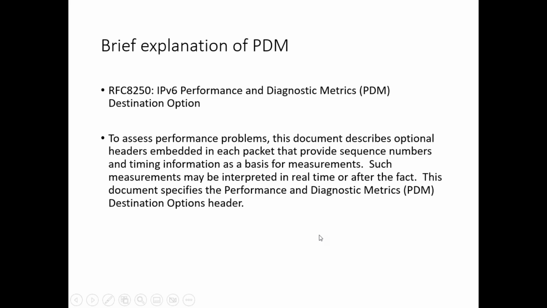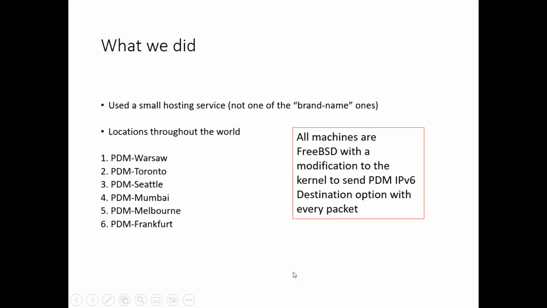And so here's a brief explanation of PDM. You guys can go to RFC 8250 if you're interested. So what we did is, one of the things with not having a huge amount of money, which is really good, is that we just said, well, let's just use a small no-name hosting service that doesn't cost very much.